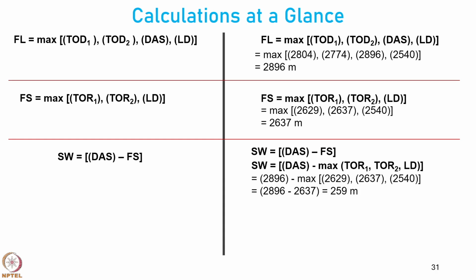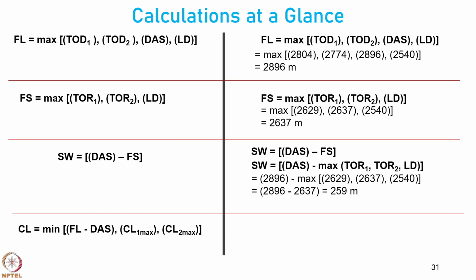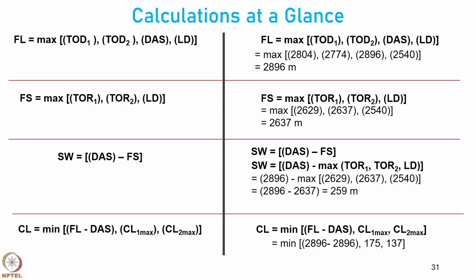So, it comes out to be 259 meters, and finally, we have the clearway, which is the minimum of 3 parameters, the field length minus DAS or CL1 max or CL2 max. So, we know that in this case the field length and DAS are the same, 2896. So, the difference is 0. So, the minimum of 0, 175 and 137 happens to be 0.